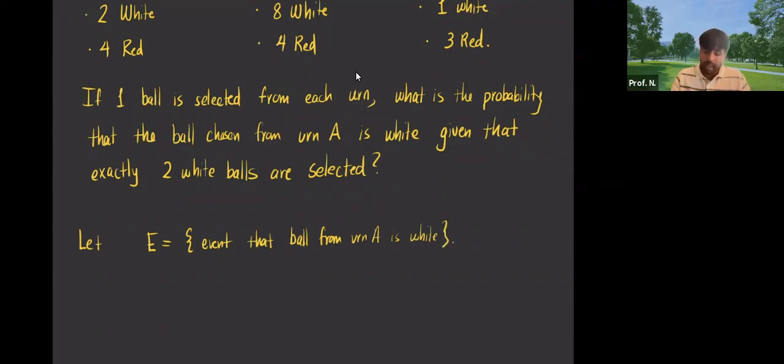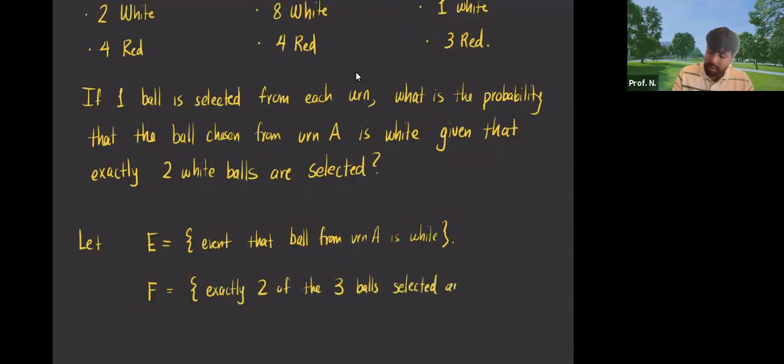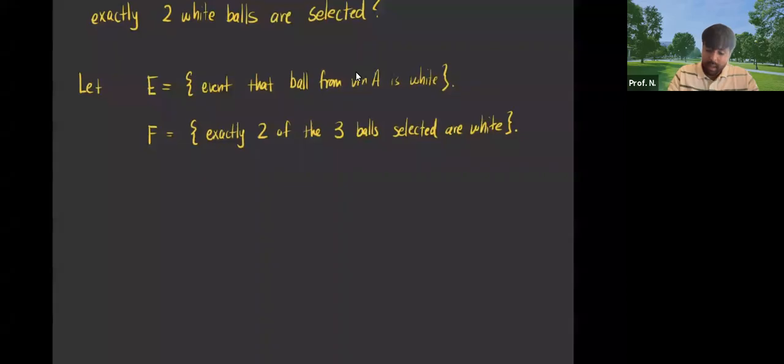And then let F be the event that exactly 2 of the 3 balls selected are white. Okay, so we got that. And what do we want to find? Our goal is to find the probability of E given F.